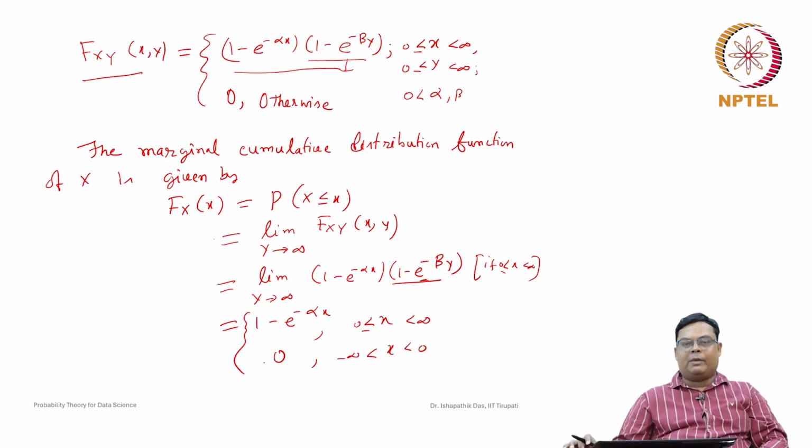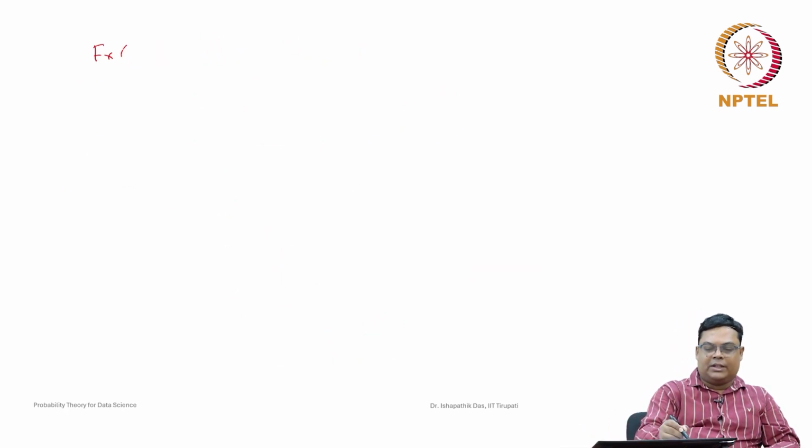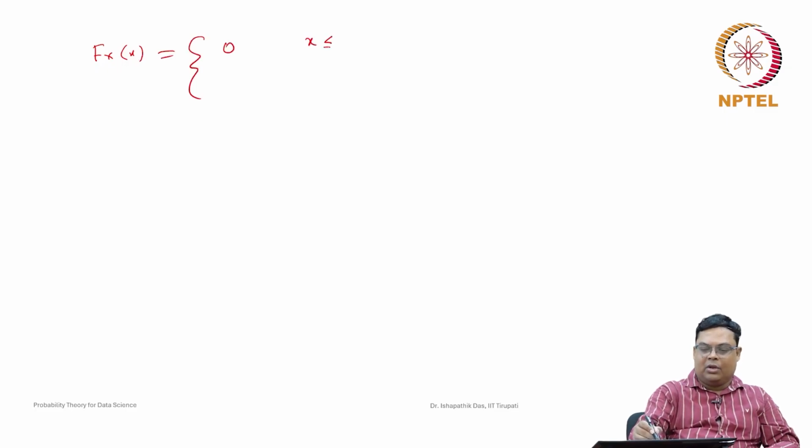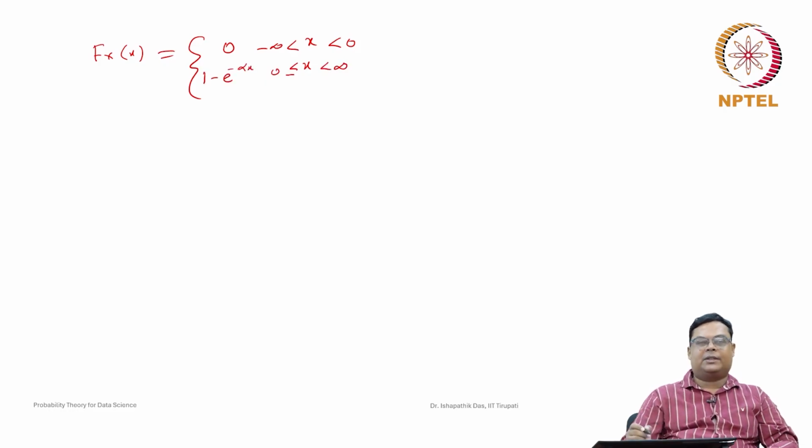Whenever we write a distribution function, we have to write the whole range. So F_X(x) is given by 0 when x is less than 0, greater than minus infinity, and 1 minus e to the power of minus alpha x when x is greater than or equal to 0 and less than infinity.